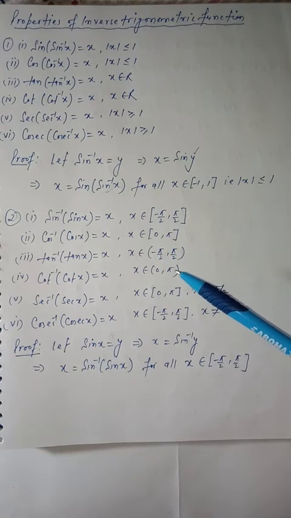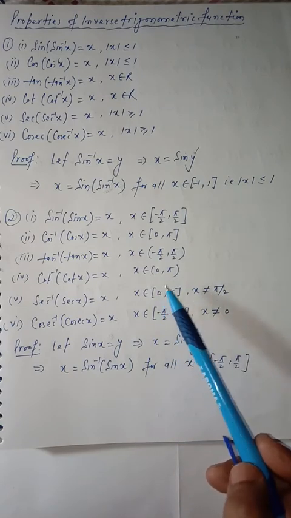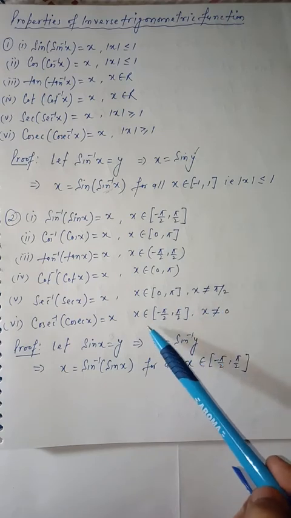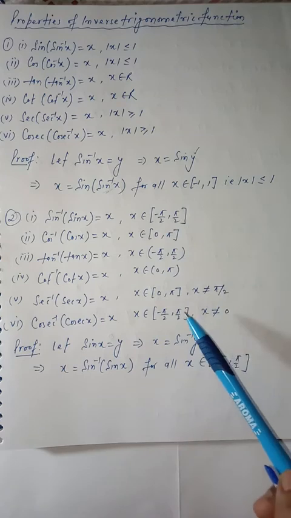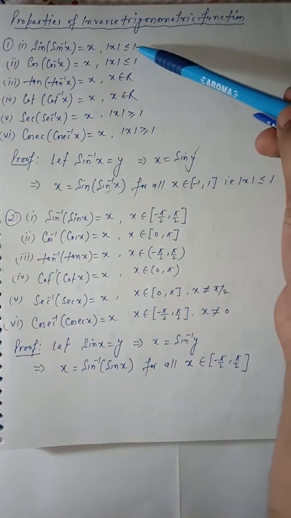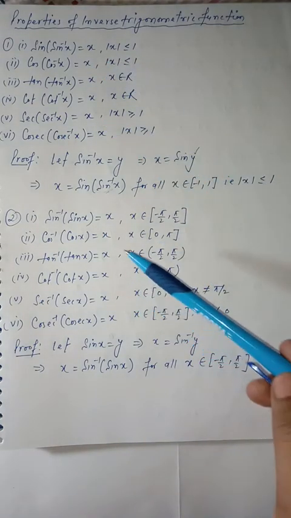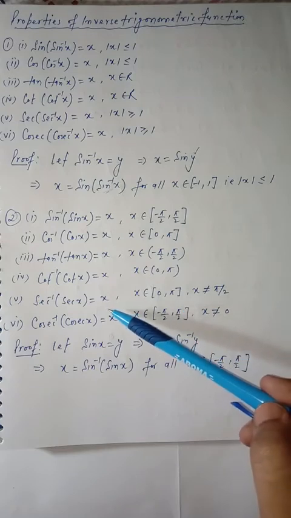For cot inverse it is the open interval 0 to pi. For sec inverse it is the same as cos but except pi/2. Similarly for cosec inverse it is the same as sine but not 0. So in the first case, when x is in the domain, we always get x. In the second case, when x belongs to the range, again we get x.